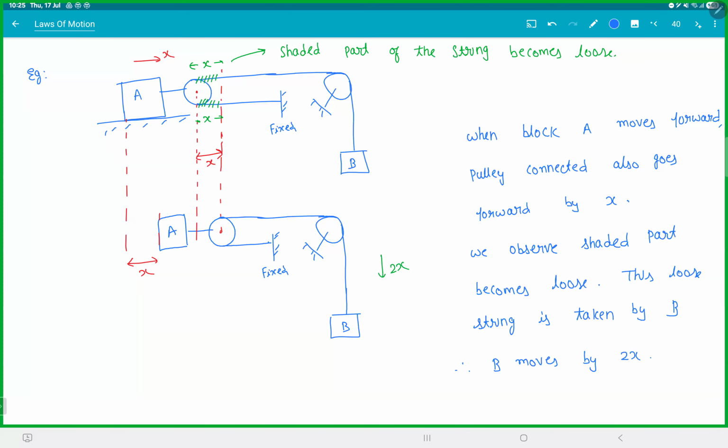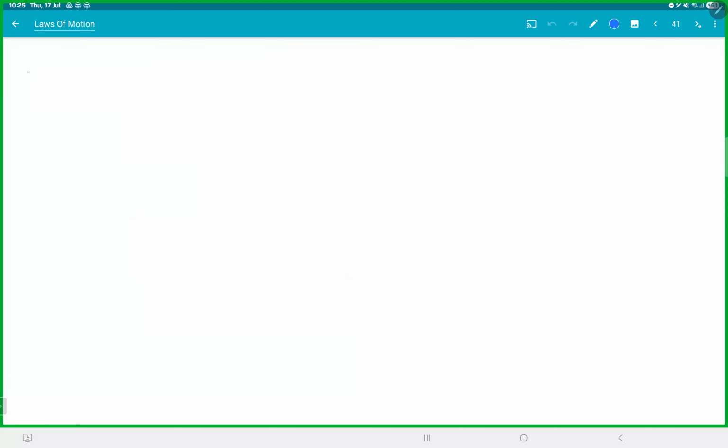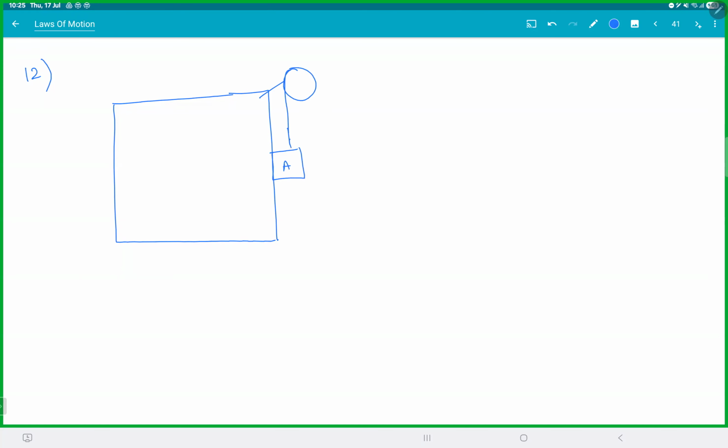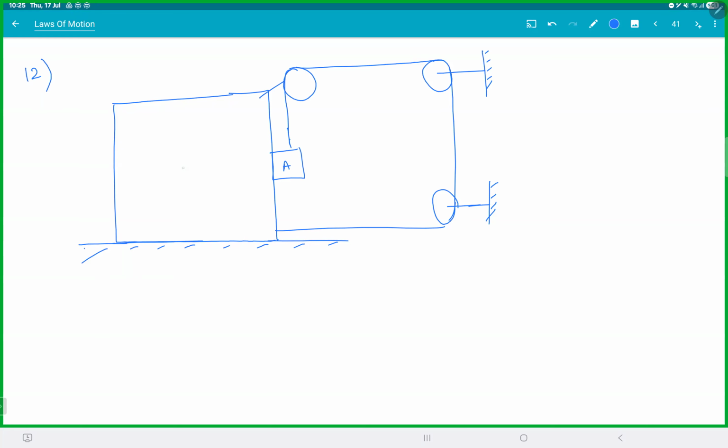Now, let's say I combine something of this sort. We have two blocks here, A and B. Are you getting how the picture is?